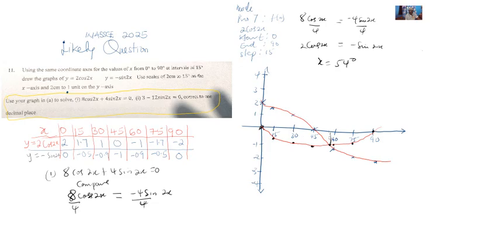Now let's look at the second part, which is i. That is 3 minus 12 sine 2x is equal to 0. So this one too, if it is talking about sine 2x, so let's make it look like the sine 2x. Making it the subject, minus 12 sine 2x is equal to minus 3.